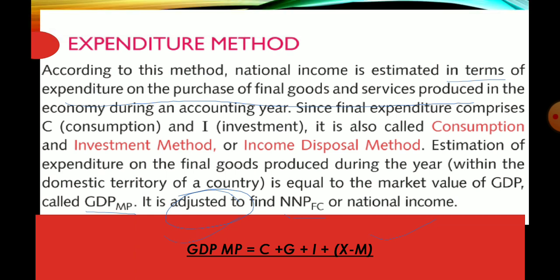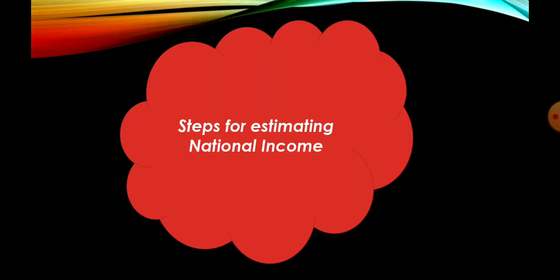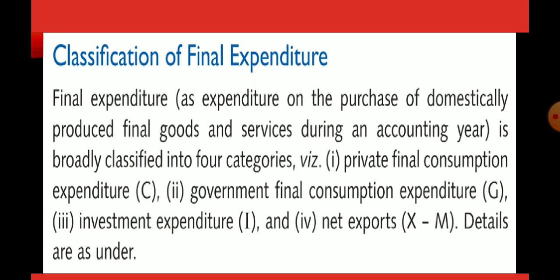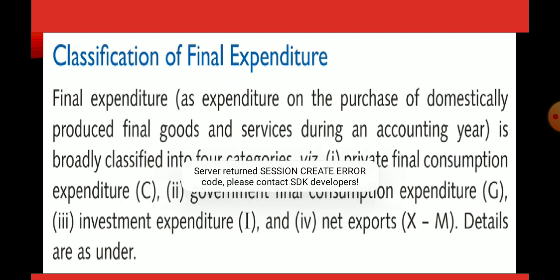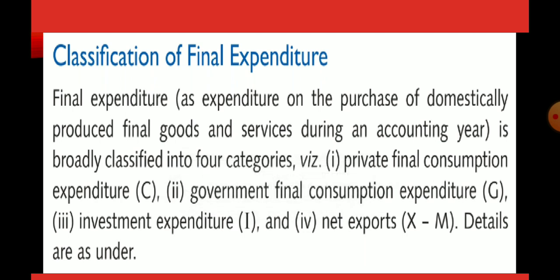Let me start with the steps for estimating national income. First of all, we have to find out C plus G plus I plus X minus M. The first step is classification of final expenditure. Expenditure method is related to the sum total of expenditure done by four sectors of the economy on the purchase of final goods and services in an accounting year.